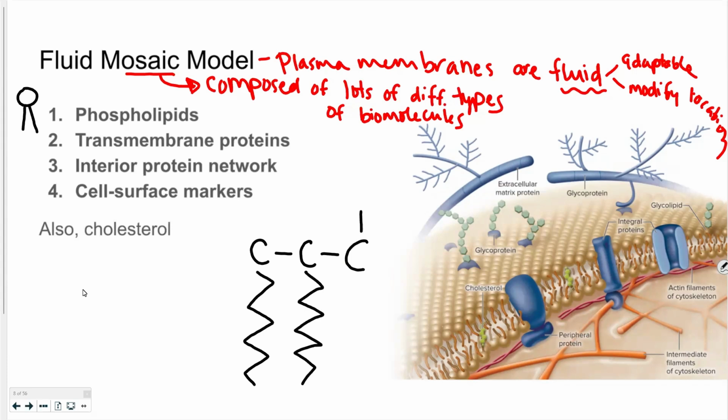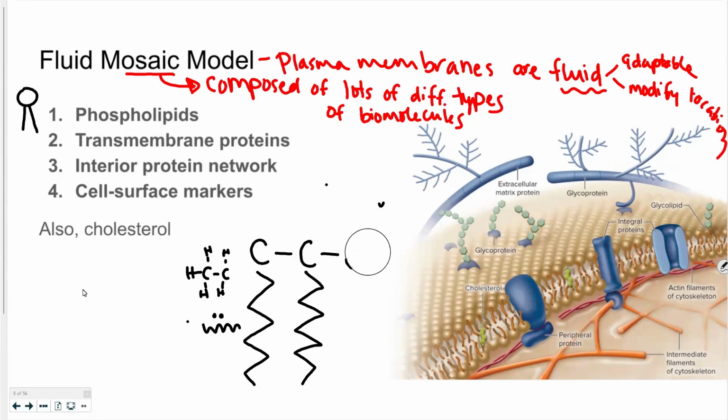And on our third, we have our phosphate group. We remember that phosphate groups are negatively charged, therefore they're going to be hydrophilic. Fatty acid tails are composed of just carbon and hydrogens, nonpolar bonds. That makes the fatty acids hydrophobic. So on this one molecule, we have both hydrophilic and hydrophobic portions.